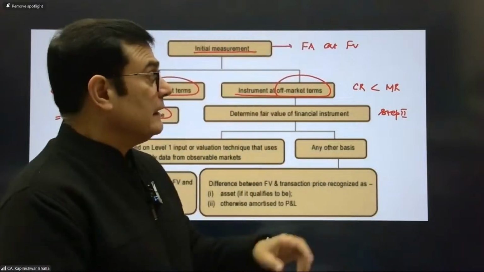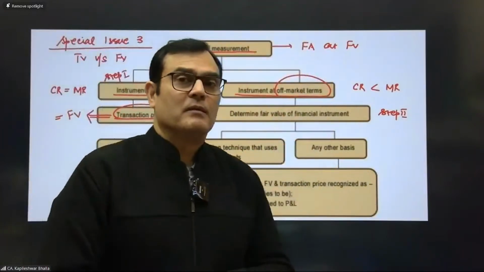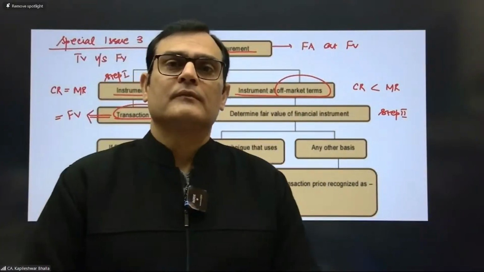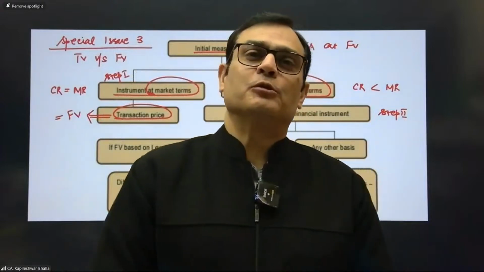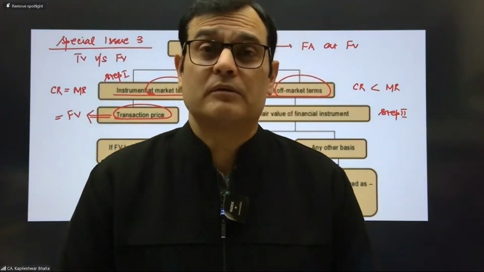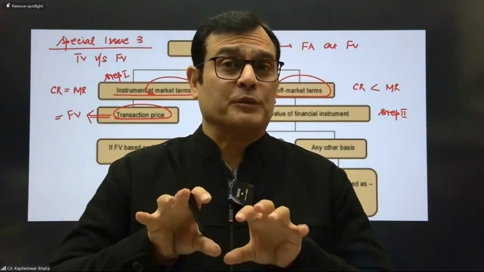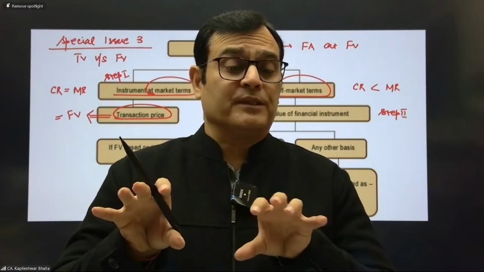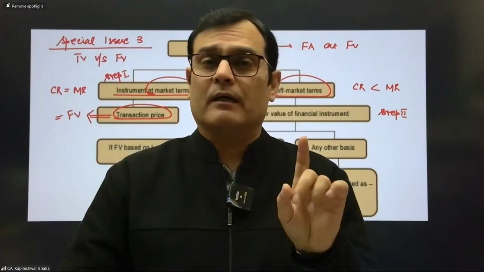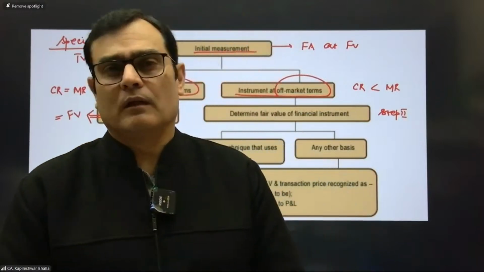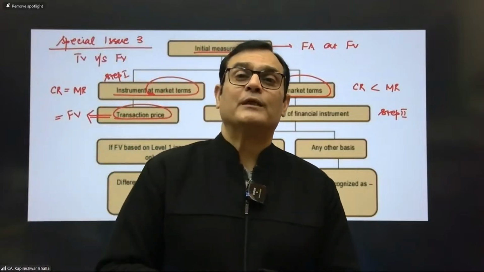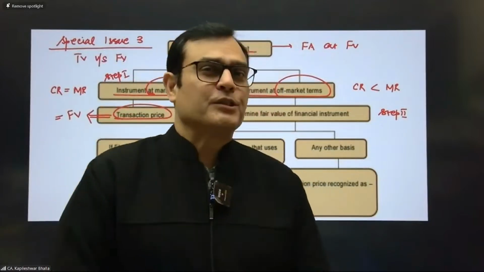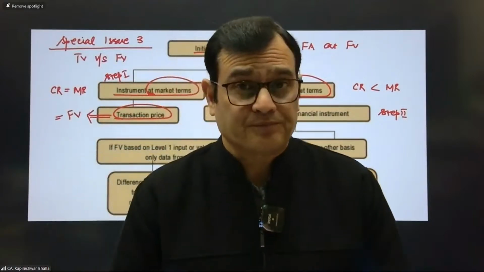Now, if you're thinking, can the contracted rate be greater than the market rate? Of course not. Why would anybody enter into a transaction at a rate which is more than the market rate? So there will be 2 situations. If you compare the CR and the MR, it's either equal, and then the transaction value and fair value are equal. But if it is less, you go to step number 2.